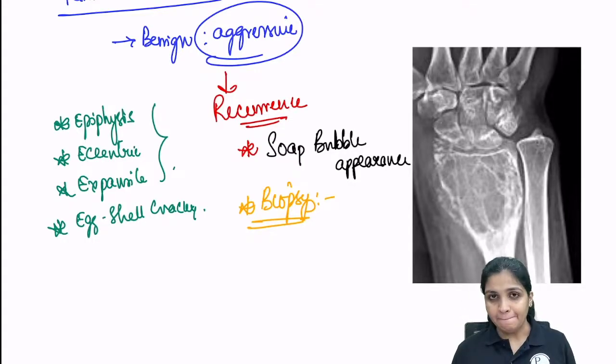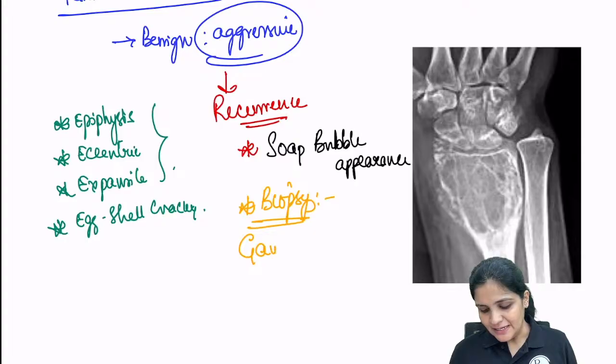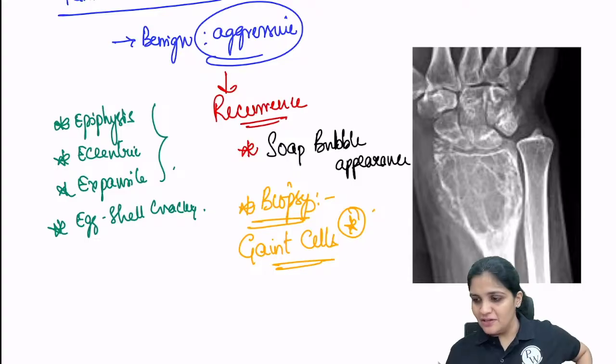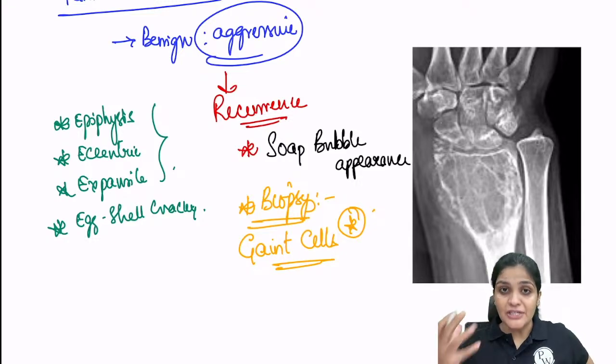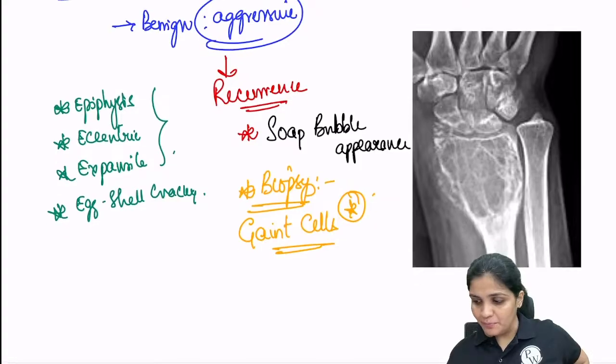We see giant cells. Giant cells are seen on the biopsy. Very good. So this will be asked in the exam. So now INI-CET, what they will do, they will give this X-ray and they will ask you what you actually see on the biopsy. So you see giant cells on the biopsy, which is very, very important, right?